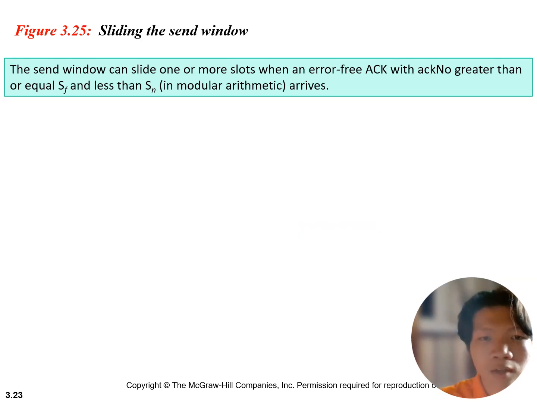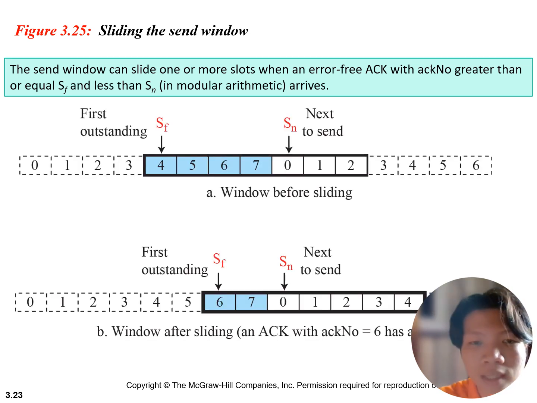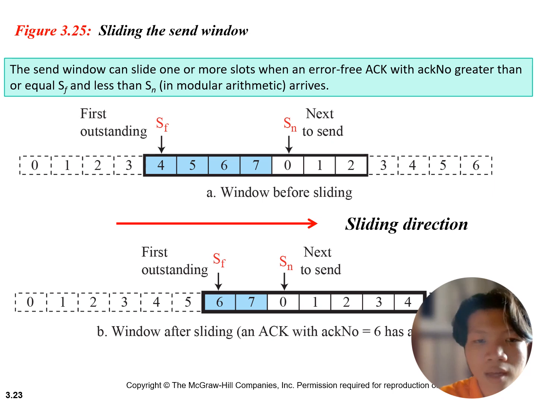This is how sliding the send window works. The send window can slide one or more slots when an error-free ACK with ackNo greater than or equal to Sf and less than Sn arrives.